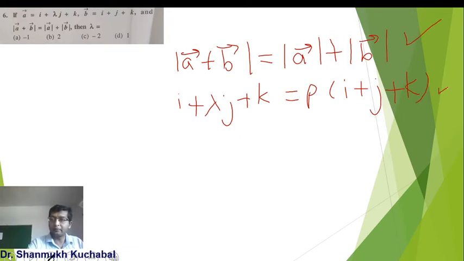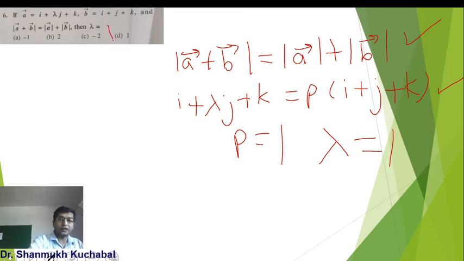They are collinear, meaning one vector is equal to some constant times another vector. So we get this simplification by equating the coefficients of i, j and k, and we get p equal to 1 and lambda equal to 1. We want to calculate the lambda value, so option D is the right answer. Lambda equal to 1 is the right answer. Okay, we can take a screenshot of this.